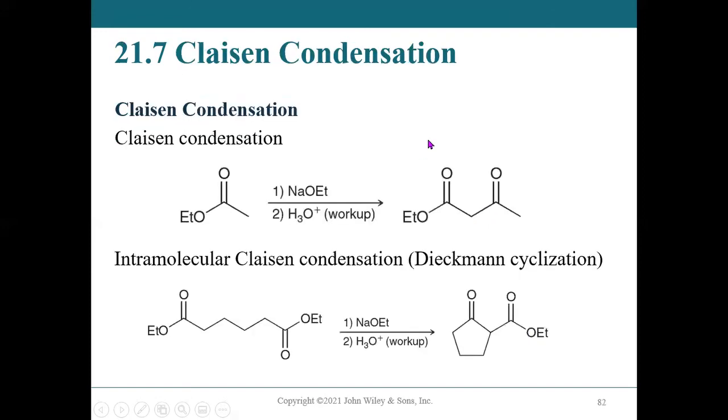Claisen condensation is very similar to aldol, but uses esters. And there's also intramolecular Claisen condensation, also called Dieckmann cyclization. And again, you want to produce at least a 5-atom ring or 6-atom ring; smaller or larger are not stable.